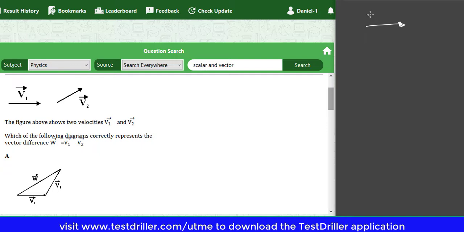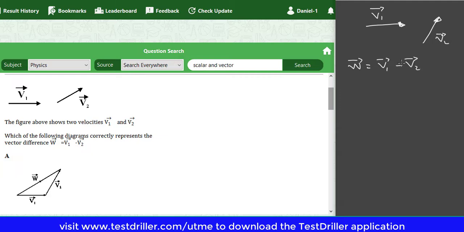This is v1, and this is v2. And now we are told to look for w, which is v1 minus v2.